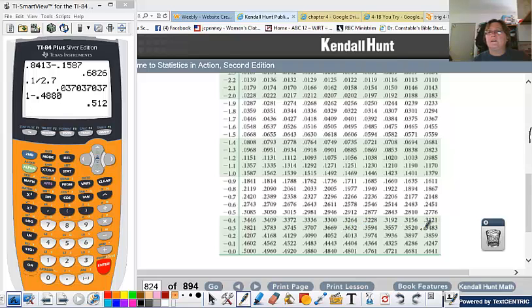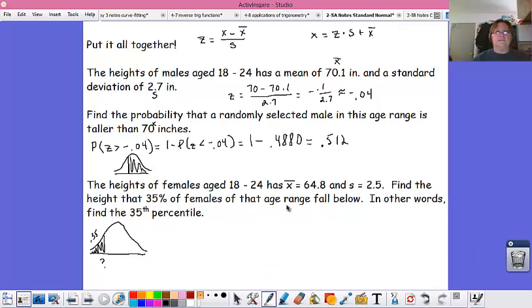Boy, we're right in there. It's right here. In fact, 3520, 3483. 3483 is closer. So the z-score is negative 0.39.